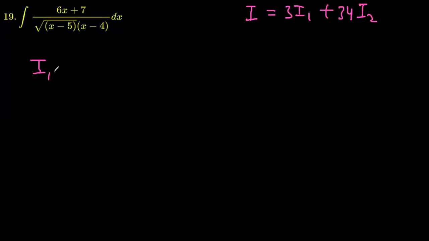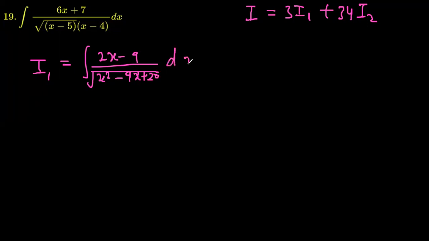Now we are going to find I1 and I2 separately. Let's see what I1 was. I1 was, 3 we had taken common, so just this: the integral of 2x minus 9 divided by the square root of x squared minus 9x plus 20. In this type of question, we simply put our denominator expression, x squared minus 9x plus 20, equal to t, and that gives us our numerator 2x minus 9.